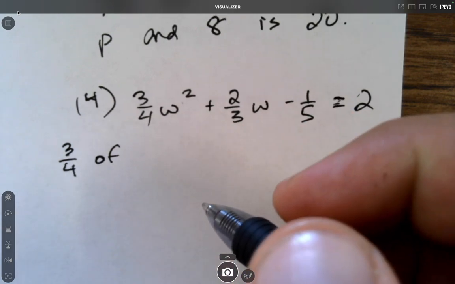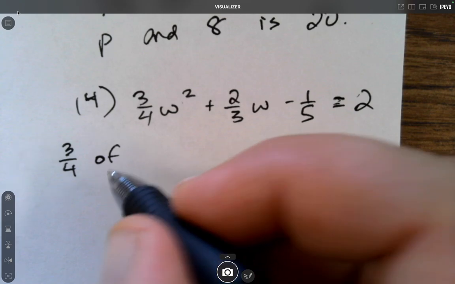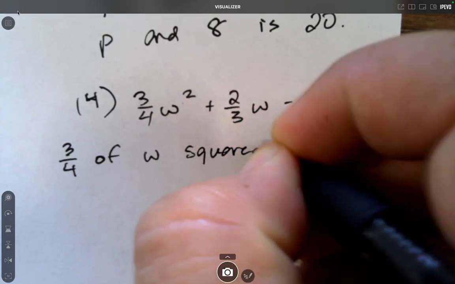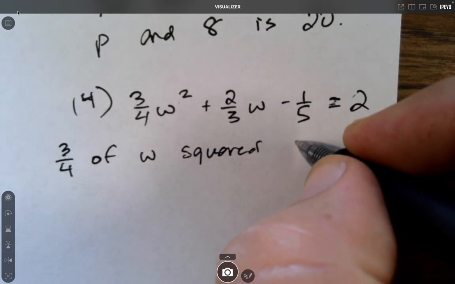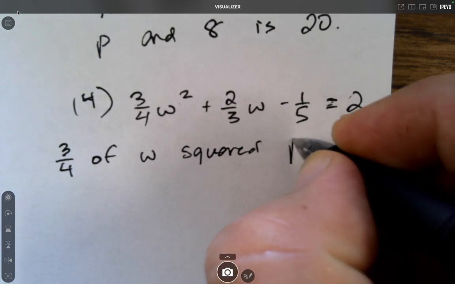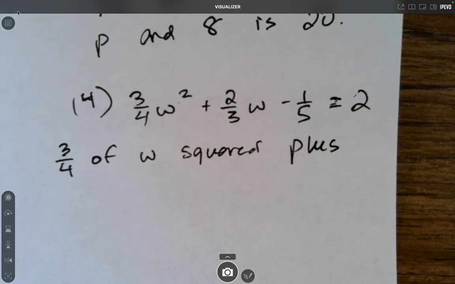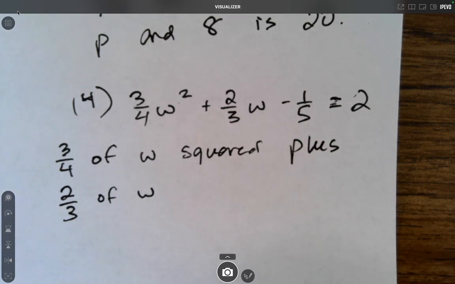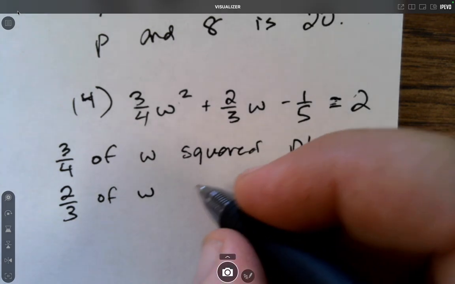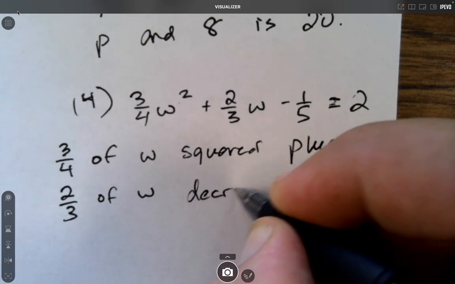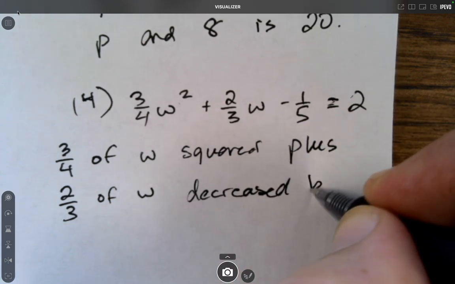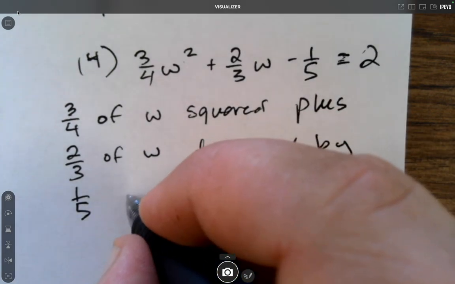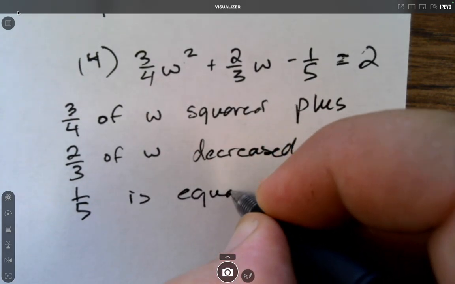If you said times, that'd be fine too. You could say 3/4 times w squared, plus, or you could say increased by, 2/3 of or times w. You could say minus or decreased by 1/5 is equal to 2.